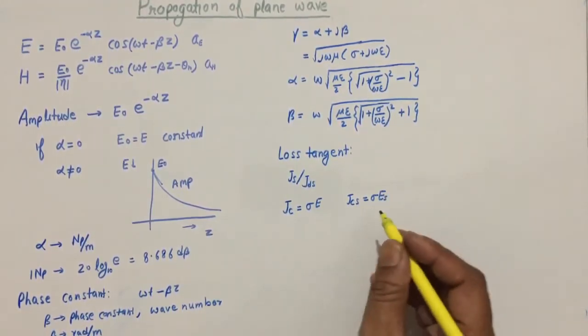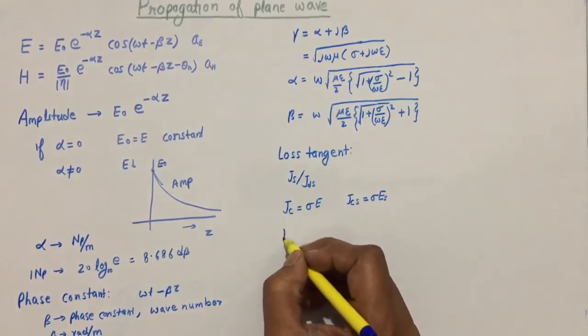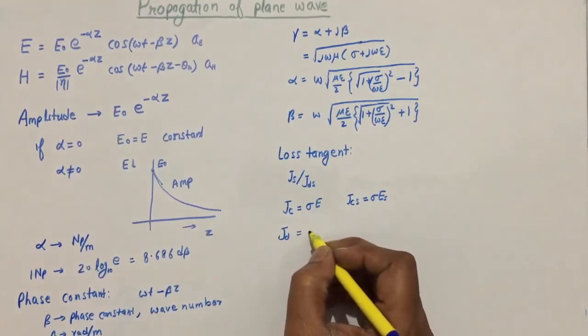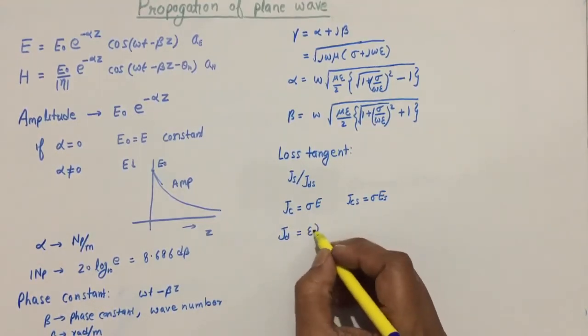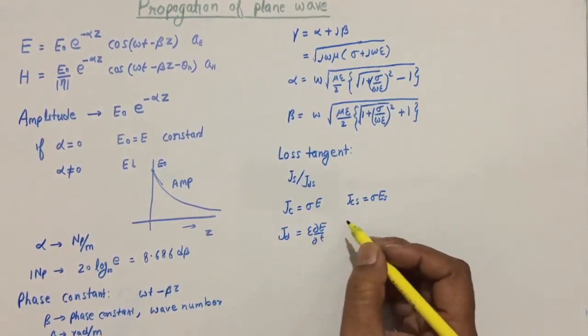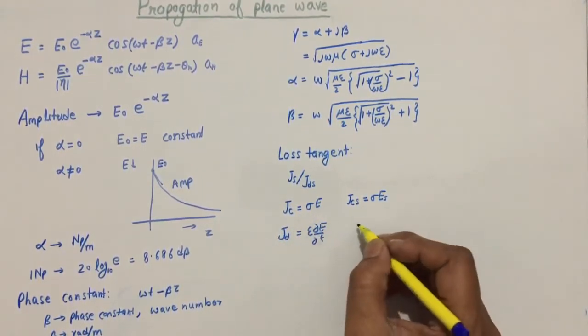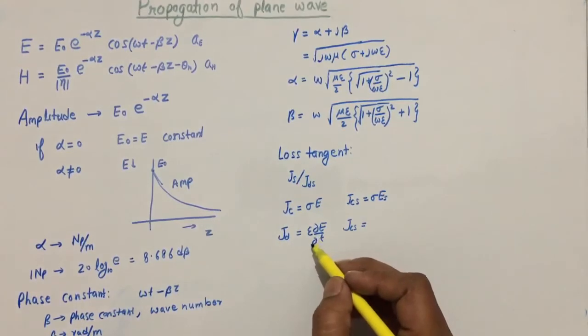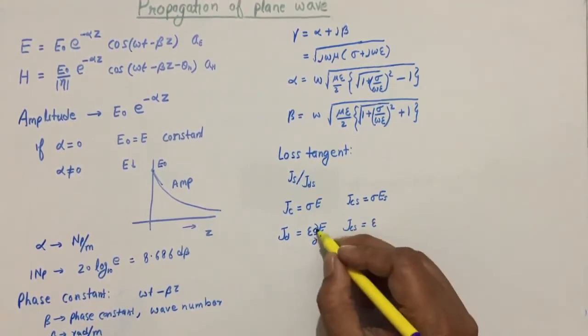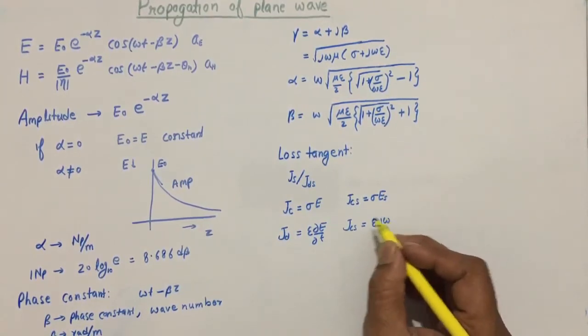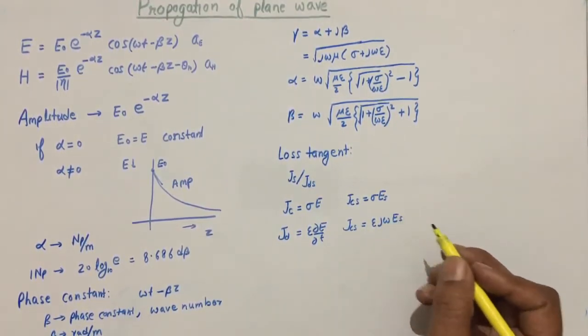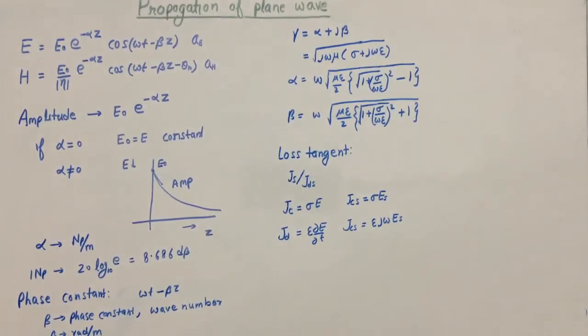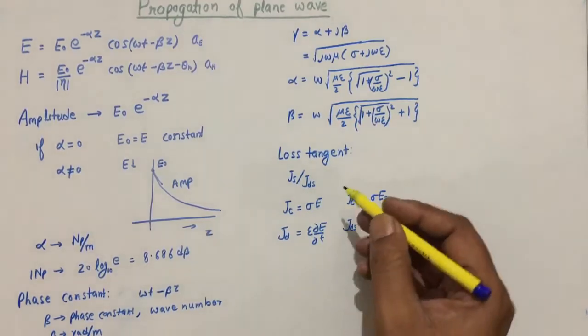We have discussed this, there is no need to discuss it again. Similarly, Jd is epsilon del E over del t, and in phasor form, in the time varying domain, we can write epsilon times j omega times Es. So we have Jds and Jcs.